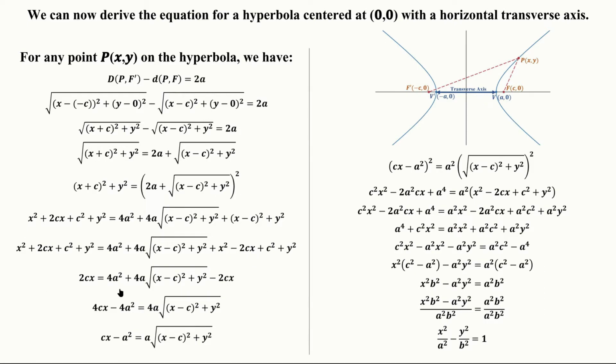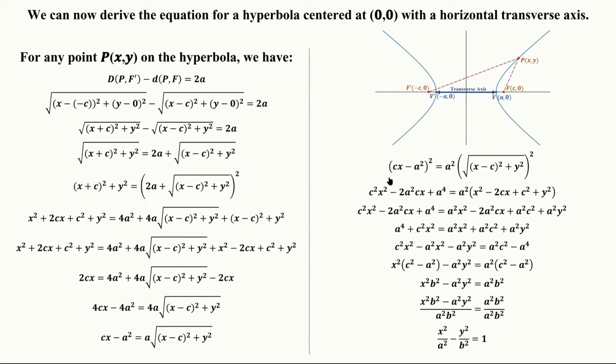So now if I move this to the other side, we end up with 4cx minus 4a squared equals 4a times the radical of that expression, and then notice there's a common factor of 4. We can divide it off, so we just get cx minus a squared equals a times the radical of (x minus c) squared plus y squared. Now we only have one radical left. We can go ahead and square both sides again.